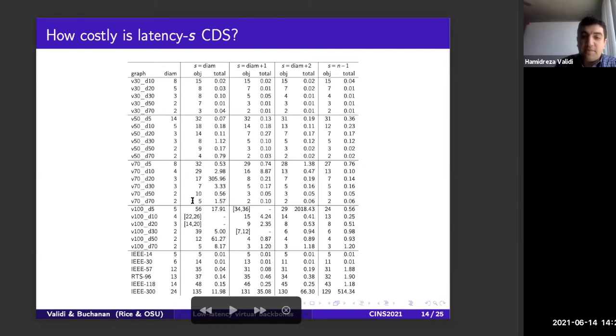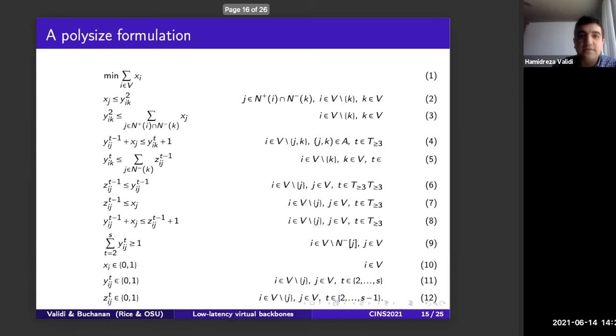But for some cases, the difference is a lot. For example, for this case here the difference is 3. So for some instances it doesn't cost, but in some cases, yes, it costs.